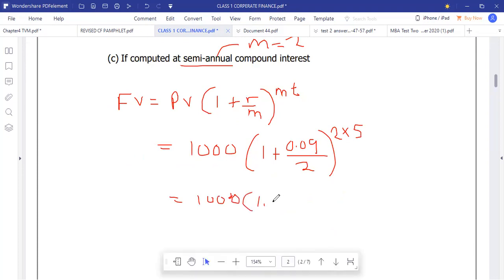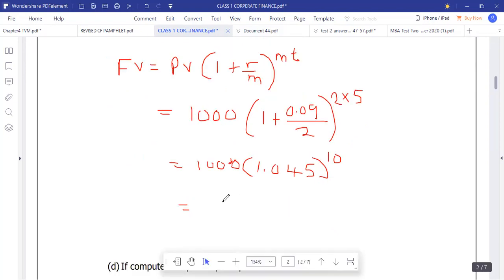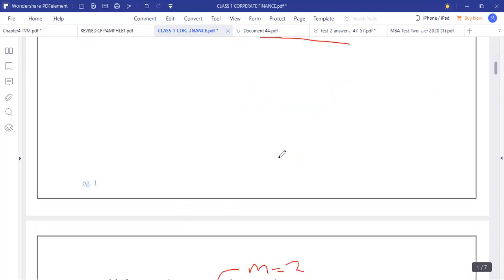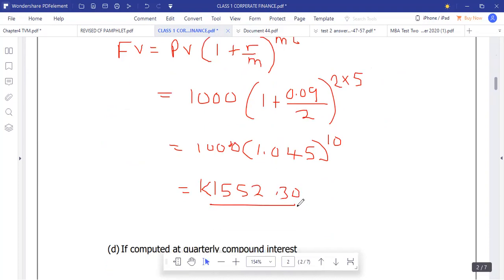So here we're going to have 1.045 to the power 10, which gives 1552.30. This is semi-annually. The more we compound, the higher the figure. Annually it was 1538, semi-annually 1552.30. So the figure begins getting more.